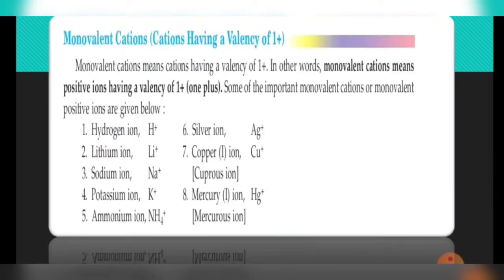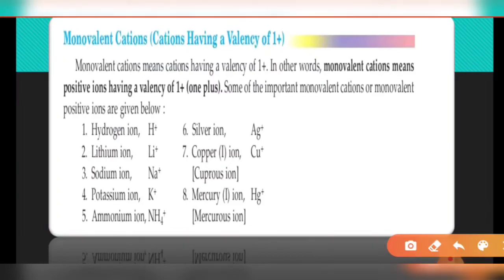Monovalent cations, cations which have the positive charge. So monovalent ions are those having +1 as their valency, so they are considered to be monovalent cations. For example, hydrogen ion, lithium ion, sodium Na+, potassium ion K+, ammonium, which is a polyatomic ion, NH4+, silver Ag+, copper Cu+.